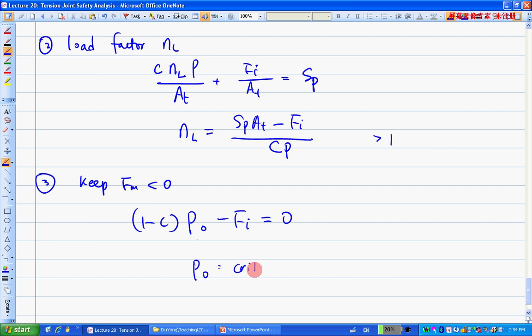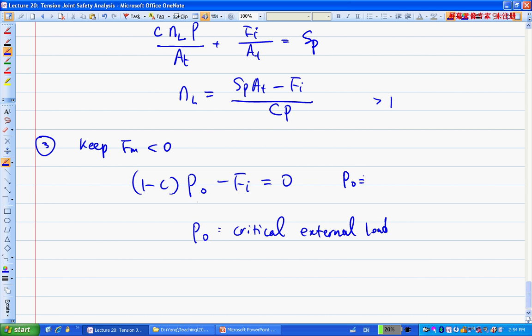So this is the critical external load. So that means P naught equal to how much? Fi over 1 minus C, right? Fi over 1 minus C here.